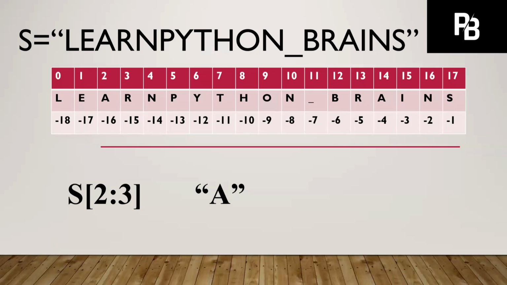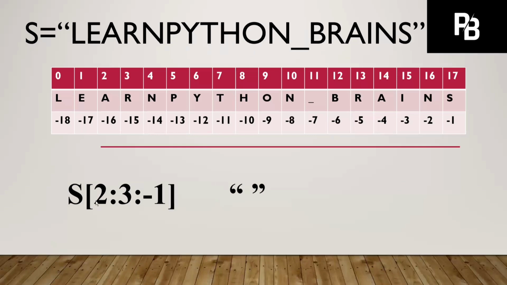We know from slicing and the range function that the last value is never included in the output. So it starts from 2, and 2 is the only one there because 3 is not included. What is the value at index 2? A. So A is printed for this statement. Is it clear to everyone?